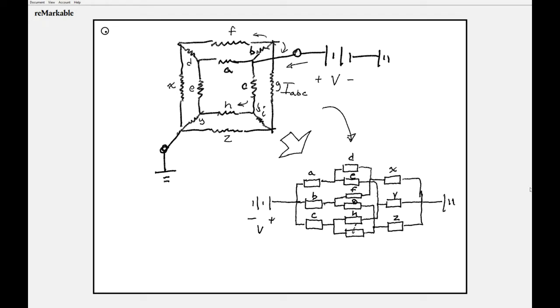It's a little bit easier in this representation to demonstrate that you cannot use series parallel, because if you claim that A is parallel to B, you also have to claim that A and then D, E in parallel in series with it.